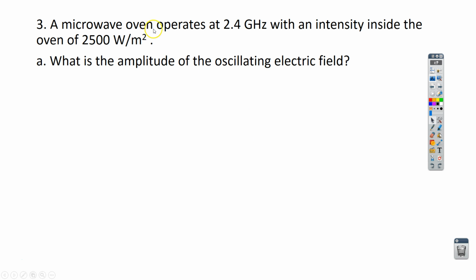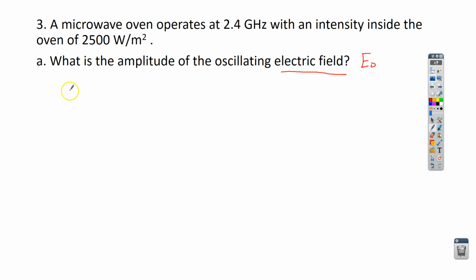A microwave oven operates at 2.4 gigahertz with an intensity inside the oven of 2,500 watts for every square meter. So they want to know what is the amplitude of the oscillating electric field. Okay, so we're actually looking for E0 here, or E naught.